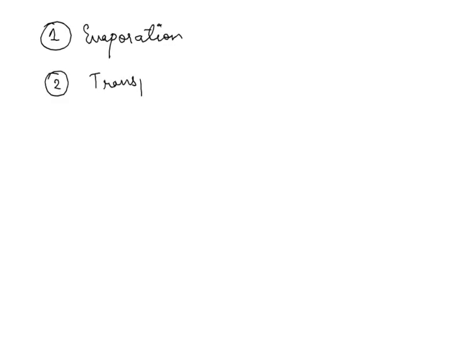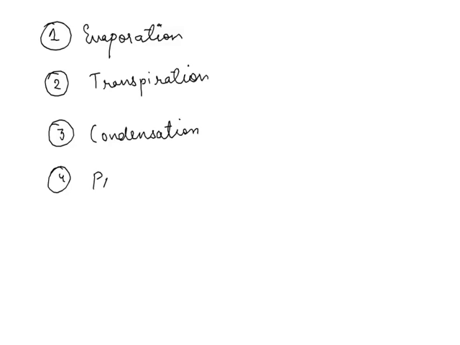Then transpiration, where plants give off water vapor through their leaves. Then condensation, where water vapor rises up and condenses on dust particles to form clouds. Then precipitation, where water which is stored in clouds reaches the earth in the form of rain, snow, sleet, etc.